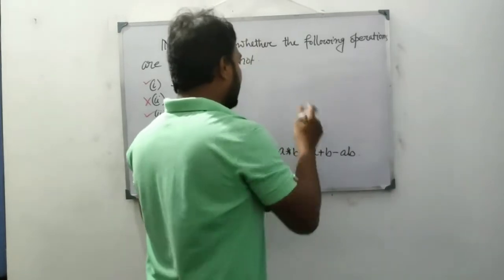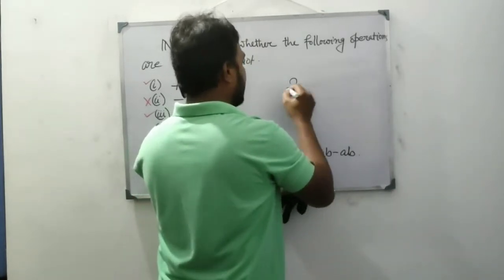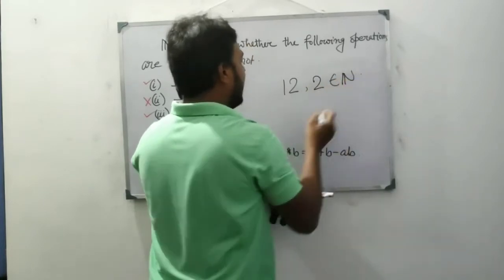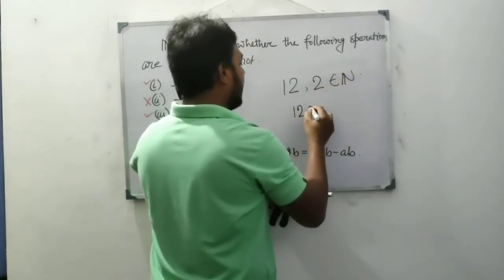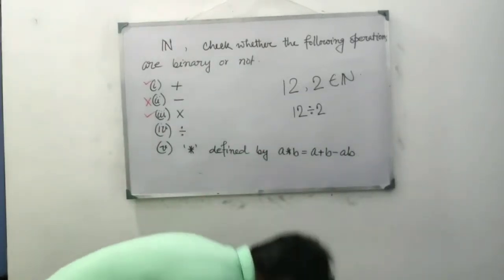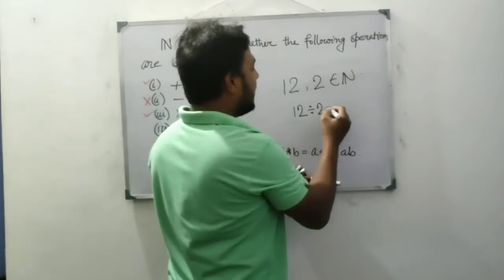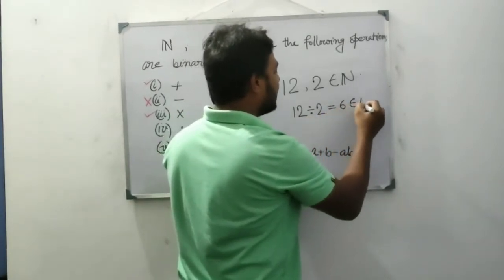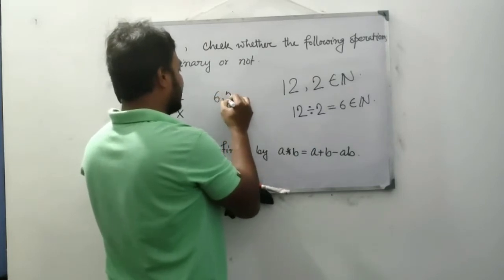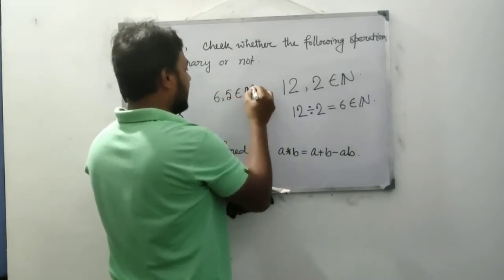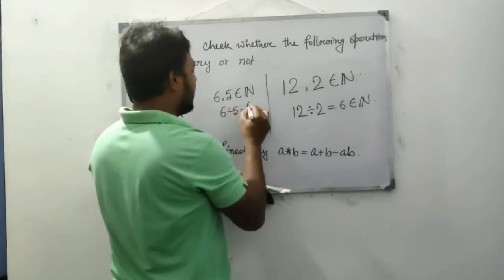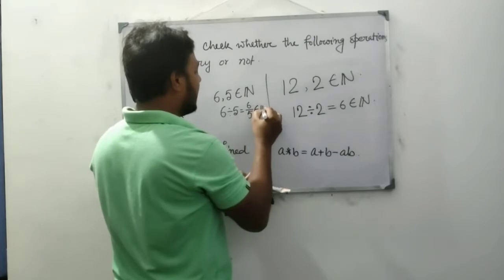Suppose I consider 12 and 2. These two are natural numbers. Then 12 divided by 2 equals 6, itself a natural number. But what if you choose 6 and 5? These two are natural numbers, but 6 divided by 5 means 6 by 5, which is not a natural number.